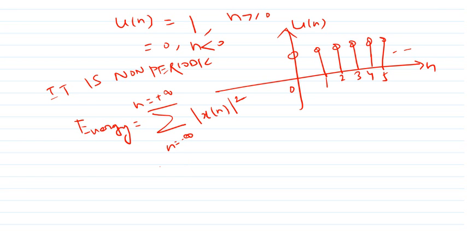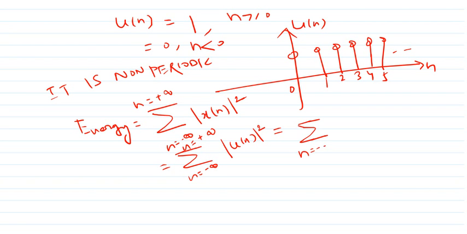Now what is the energy? Summation n equals minus infinity to plus infinity of modulus of u[n] whole square. Now we can see that from n equals minus infinity to n equals minus 1, u[n] is 0, so 0 square, and from n equals 0 to infinity the value is 1.